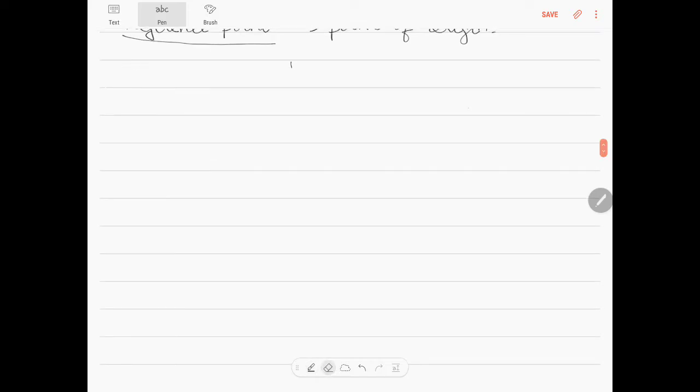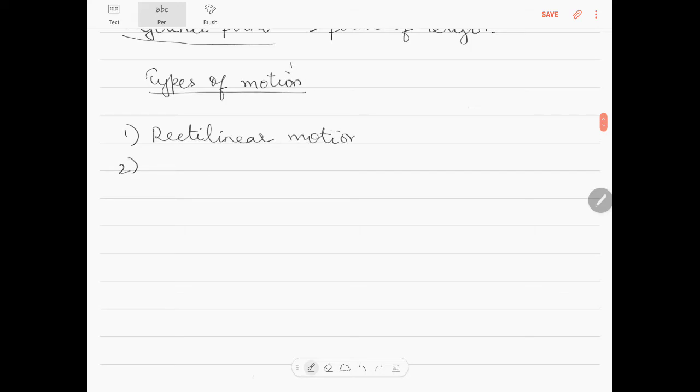Now we have types of motion. We have rectilinear motion, which means the object travels in a straight line.